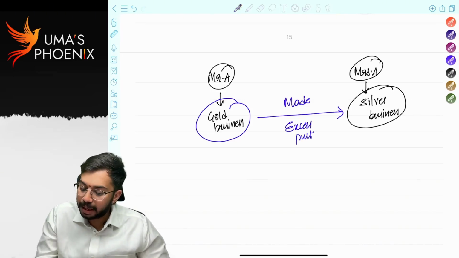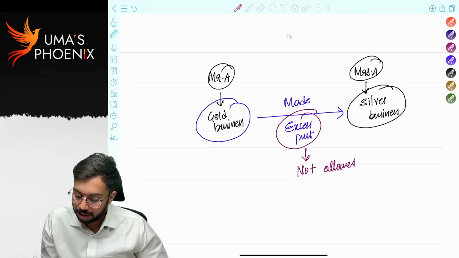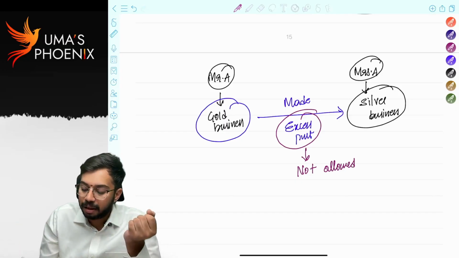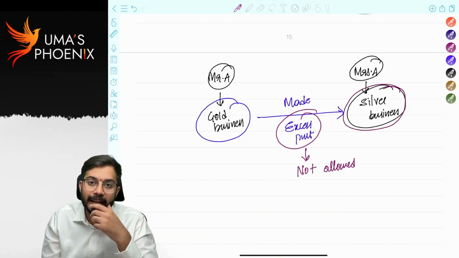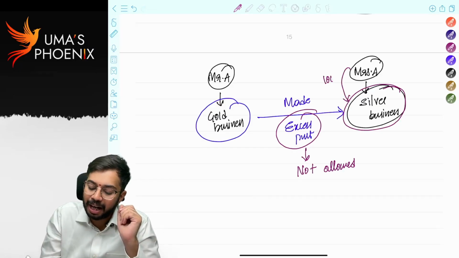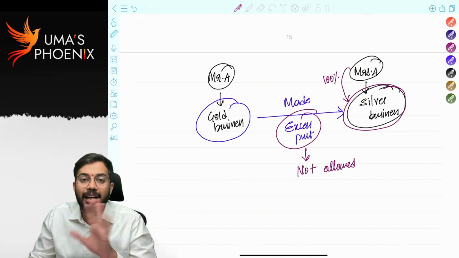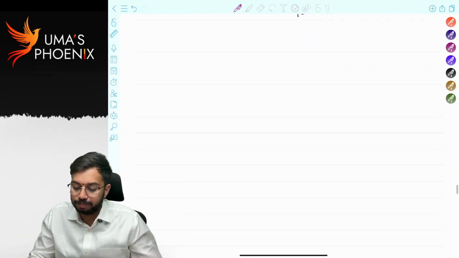Whether this excess payment is allowed? This excess payment is not allowed. The reason is payment is made to a relative. See, payment is made to a business in which a relative is having substantial interest. In the silver business, Mrs. A is having 100% stake, right? So whatever the excess payment made by Mr. A to Mrs. A, that is not allowed as deduction. Is it clear?